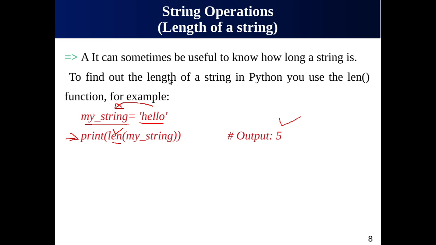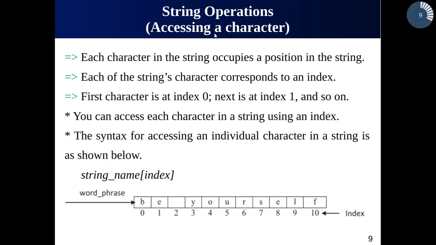Another operation that you can perform on a string is that you can access the individual characters of the string. Each character in the string occupies a position in the string, as we saw in the case of lists and also in the case of tuples. Same is the case with strings. Each character occupies a unique position in the string. And indexing, you are quite familiar with it.